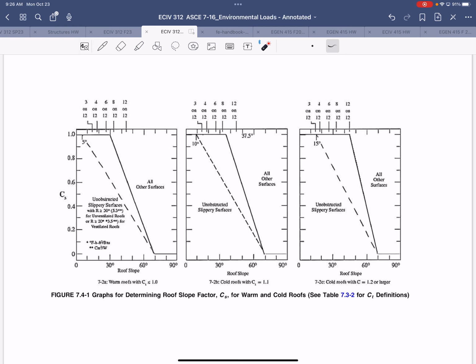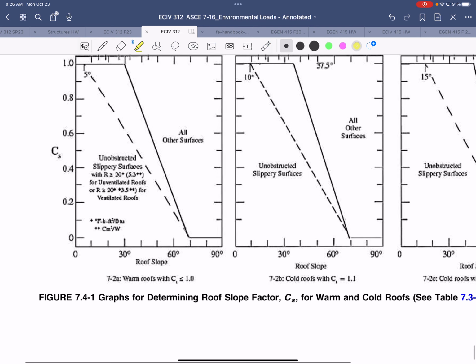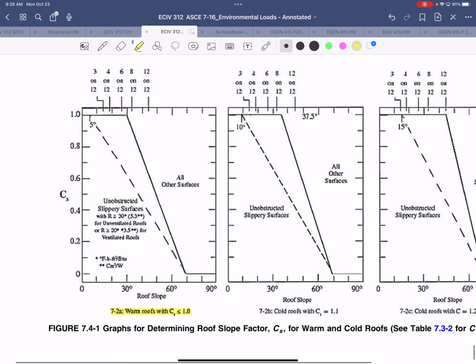Yeah, the warm roof one, because that's exactly right. I know it's a little bit hard to read on the screen, but remember these are based on the thermal factor. So for a warm roof with a CT of 1 or less, we use this chart. And then do we use the solid line or the dashed line? Right, we use the solid line because it's a shingled roof.